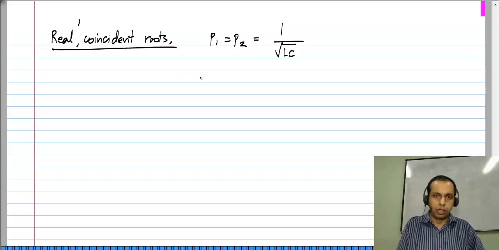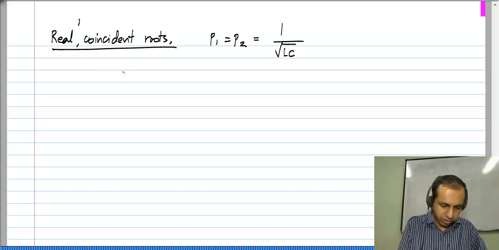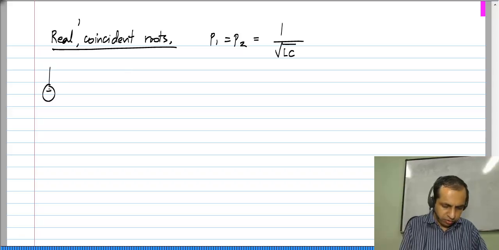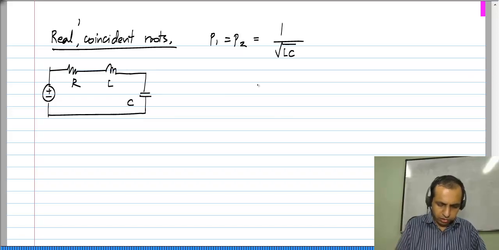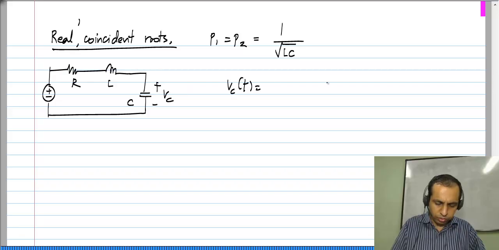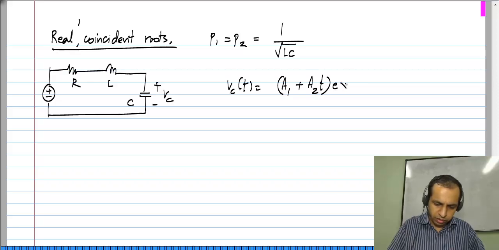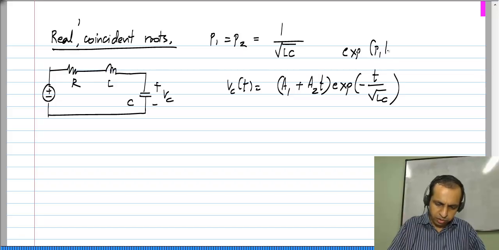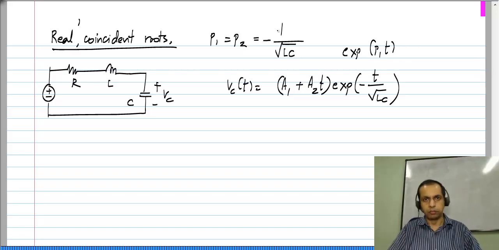And in this case, the natural response, this is for our usual R, L, C circuit, the natural response for VC is going to be (A1 plus A2 t) exponential minus t by square root LC. This is basically exponential P1t.